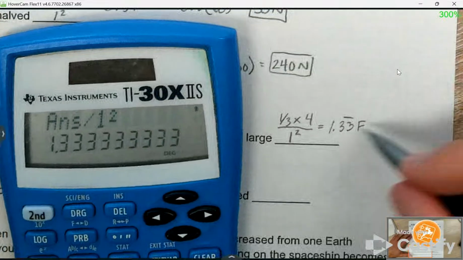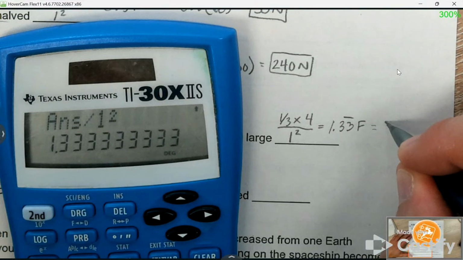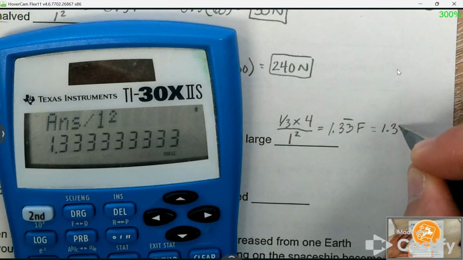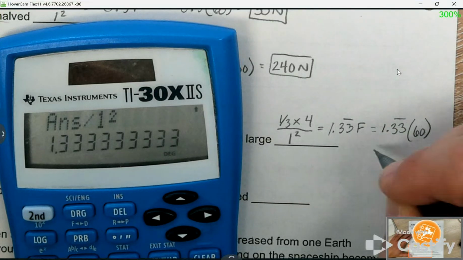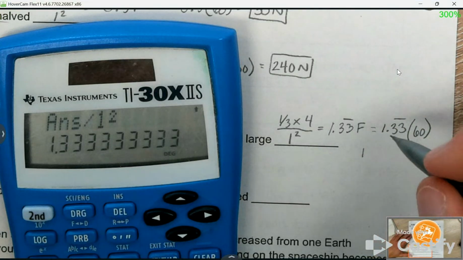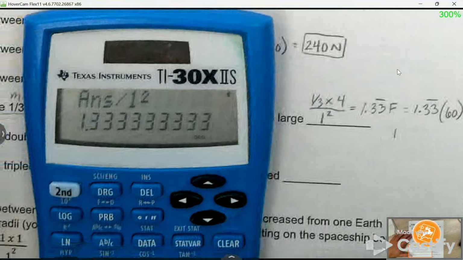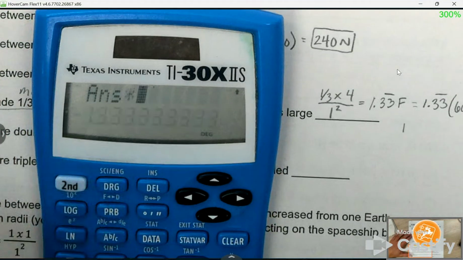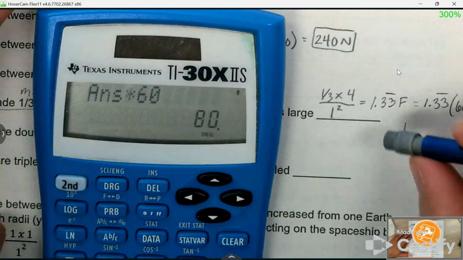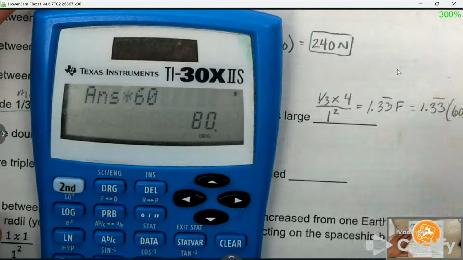Now, if I take that and multiply that by 60, I'm going to hit this just times 60, and this is going to kick out an answer of 80.